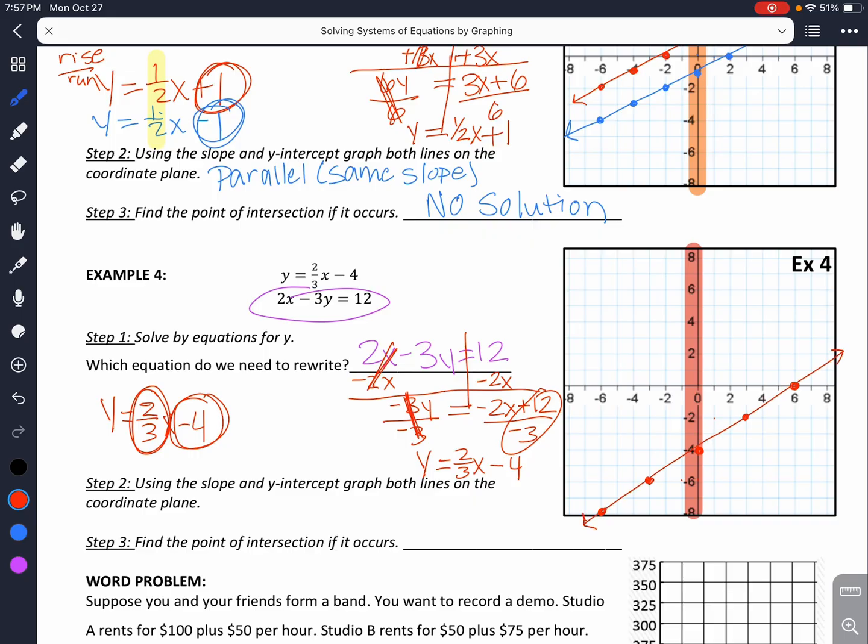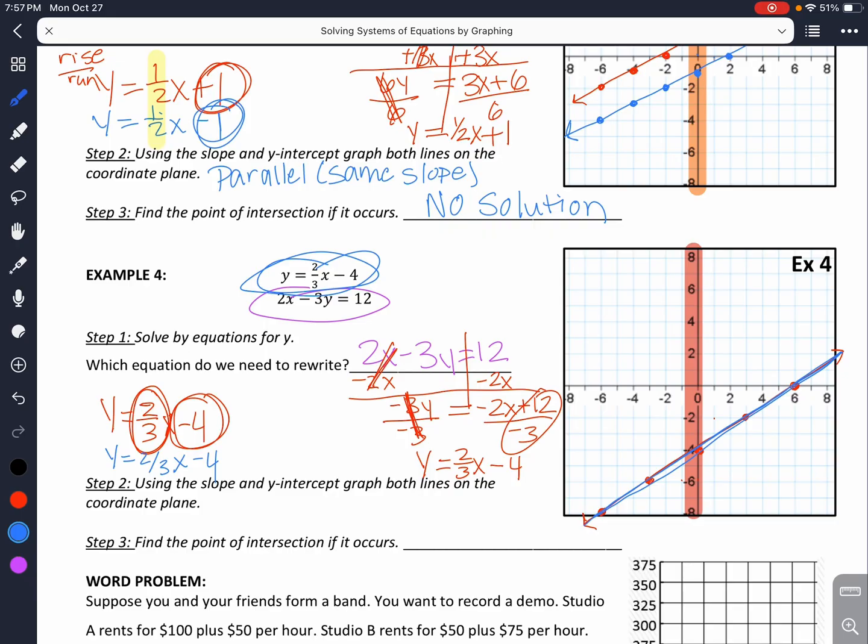Okay? So now, when I look at my second equation, I notice that my second equation is also y equals 2/3 x minus 4. So if I was going to graph that, that would be the same exact line that I just graphed right here, okay? So if I'm looking for a point of intersection, that would be every single point on the line, okay?